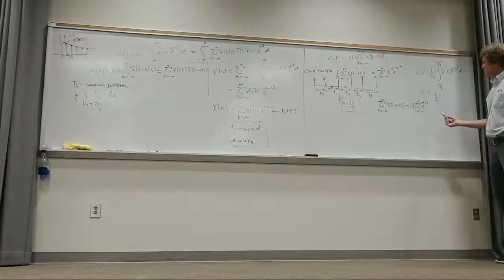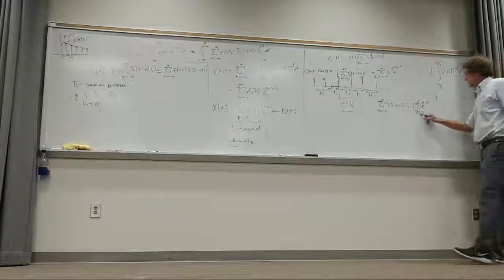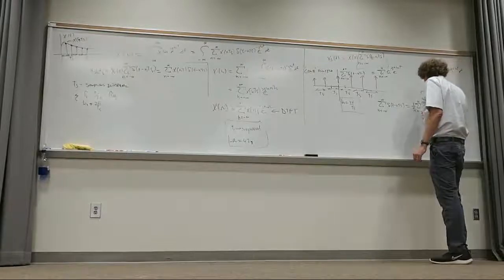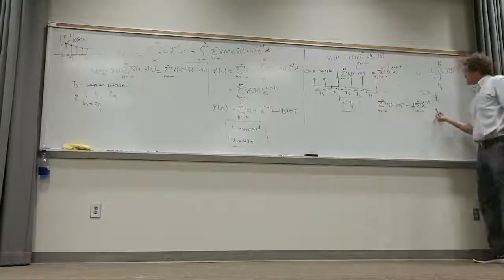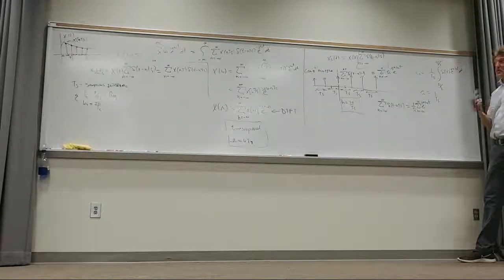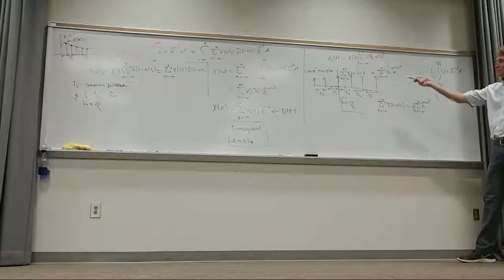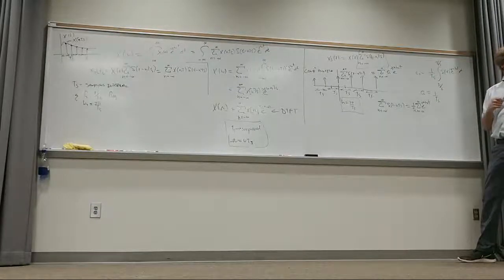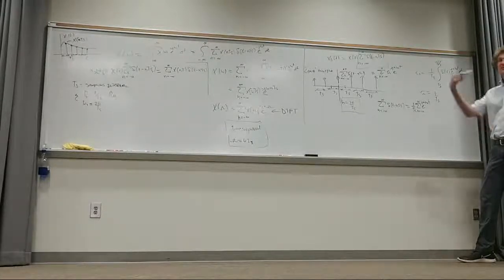Now, when I look at a sum of exponentials like that, to me, that doesn't look like it's going to go to a bunch of spikes. Do y'all agree with me there? You got a constant times an infinite sum of exponentials: e to the j 1 omega naught t plus e to the j 2 omega naught t plus e to the j 3 and so forth and so on.